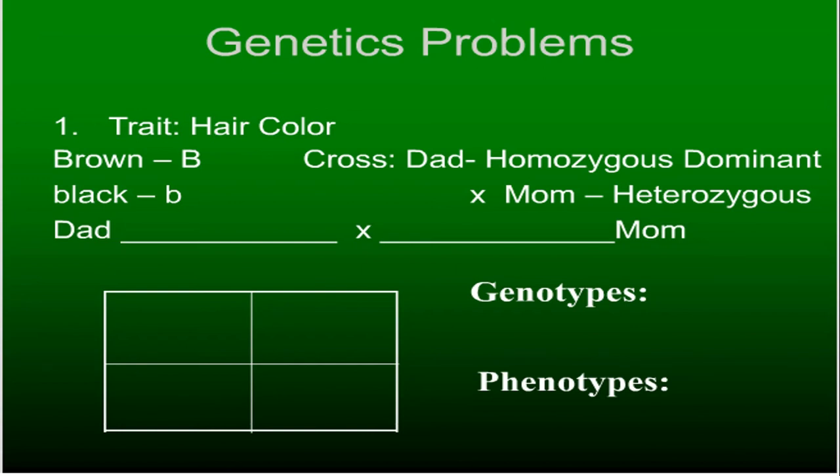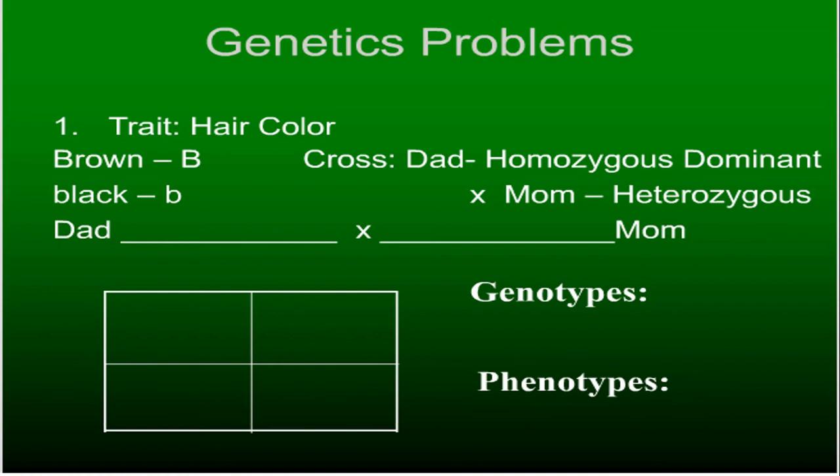In here, the trait given is hair color, represented by a dominant allele brown and a recessive allele black, with the variable letter B. So hair color: capital letter B is brown and small letter b is black.